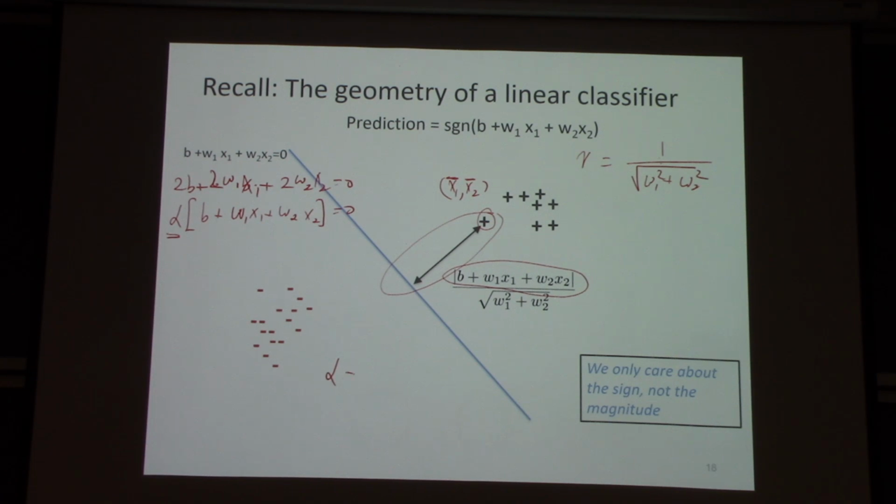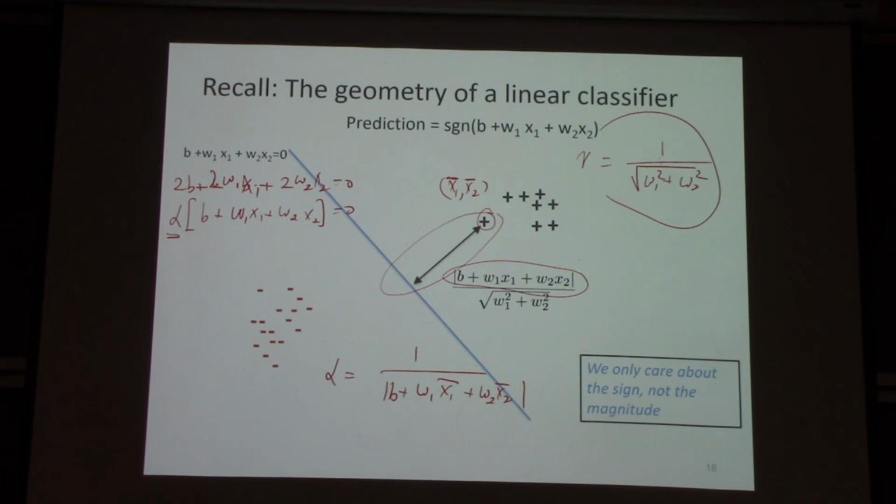So if I pick alpha equals 1 divided by the absolute value of b plus w1 x1 star plus w2 x2 star, what will happen? When I'm calculating the distance of this point here, the norms cancel out, and you're left with what we need, right?